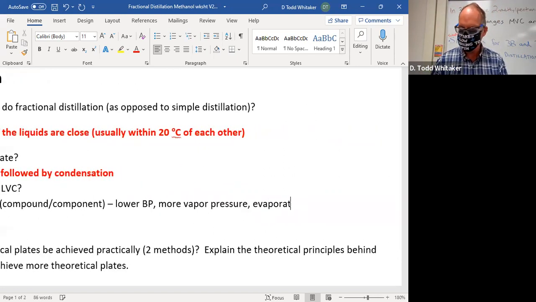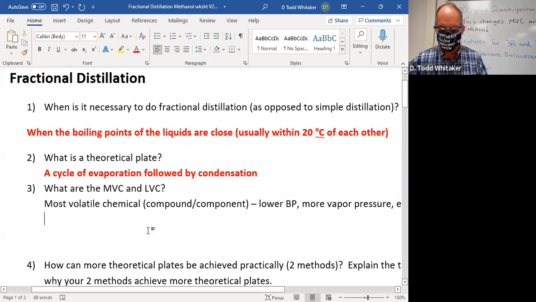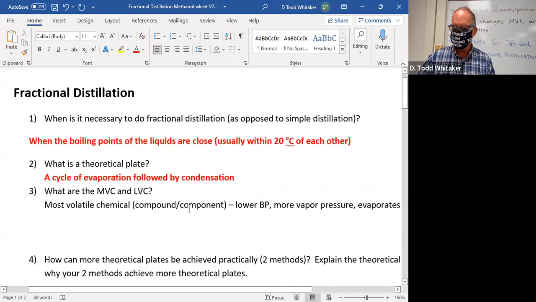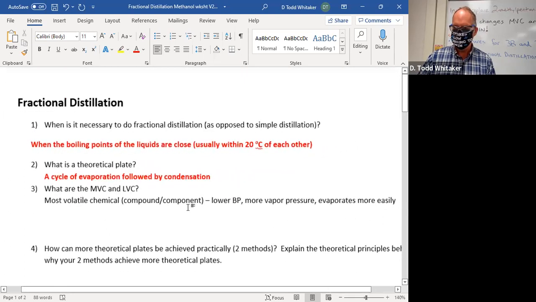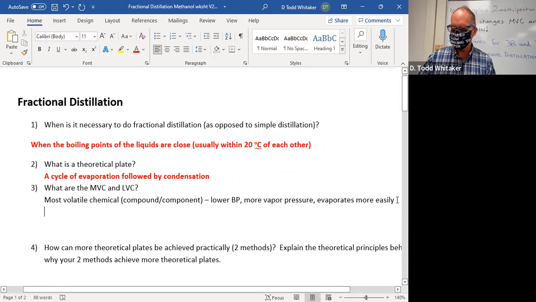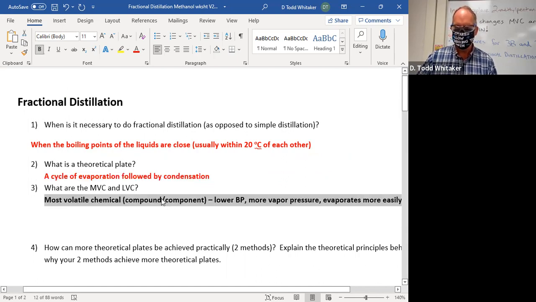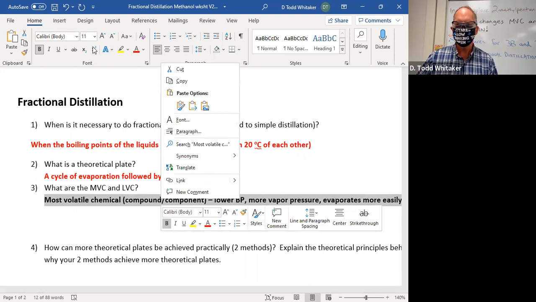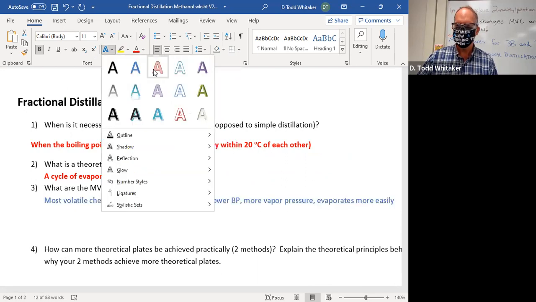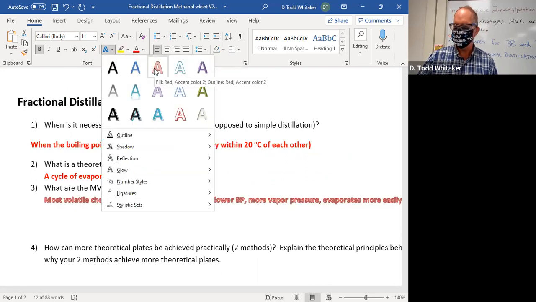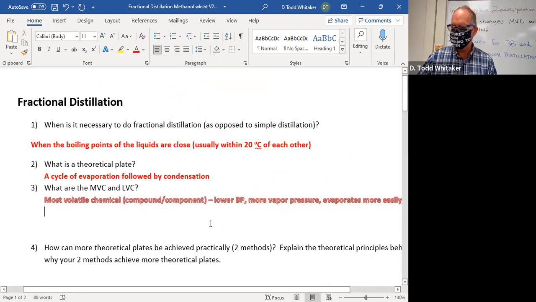Evaporates more easily. Be nice if it was on one screen here. It's not. It's hard to read now. And of course, red. Oh, that's pretty nice. I like that.